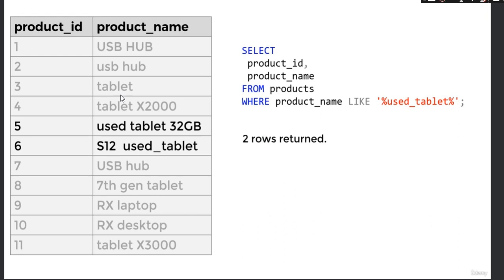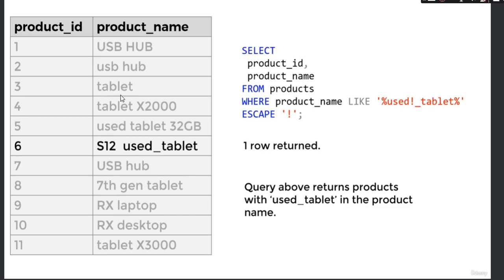So this is not giving us what we want. If we want to search for an actual underscore character, then we can do this by using what's called an escape character and the ESCAPE keyword. This is best shown by example.